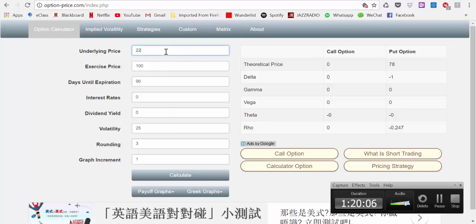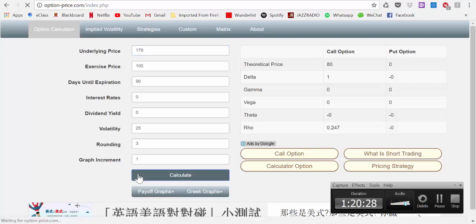Now, the same thing will happen if you type 180 here. Now delta is close to 1, and gamma again is almost 0. And if you go to 179, because gamma is 0, I know that the delta is not going to move.